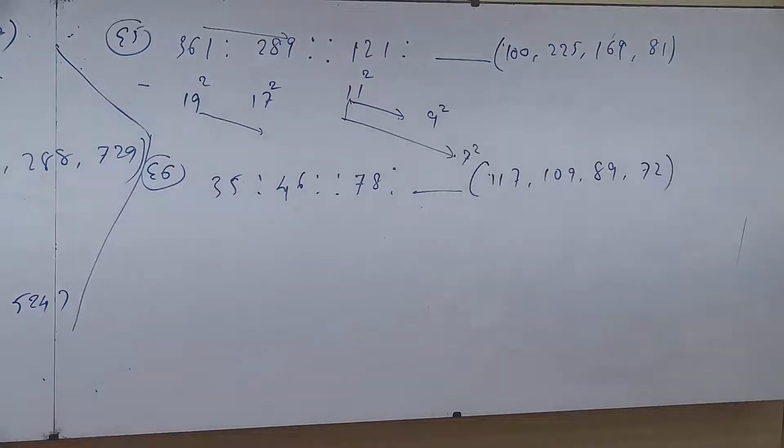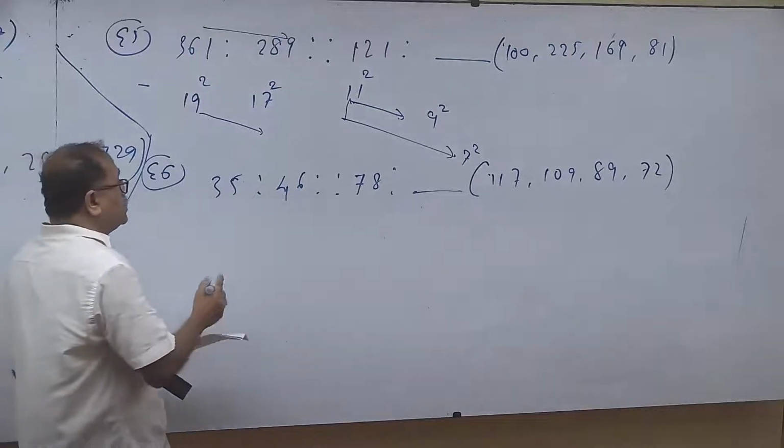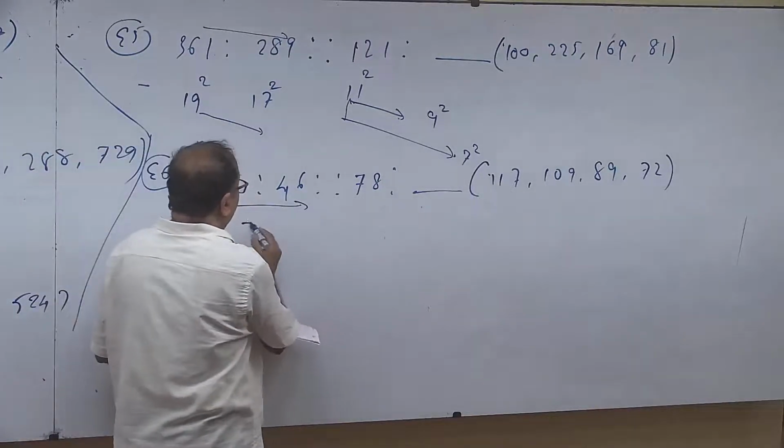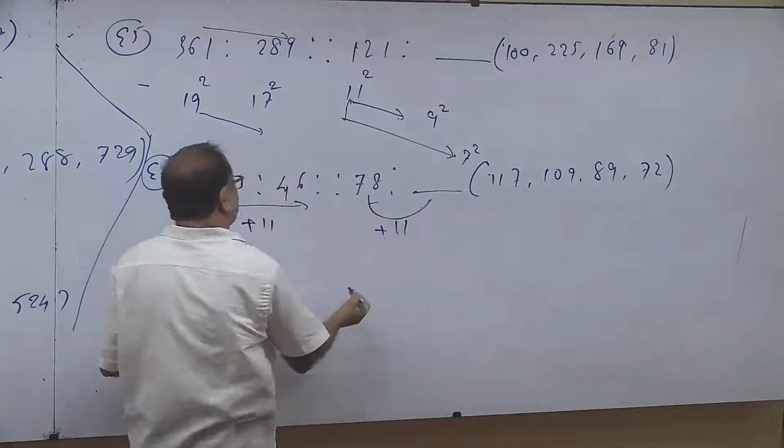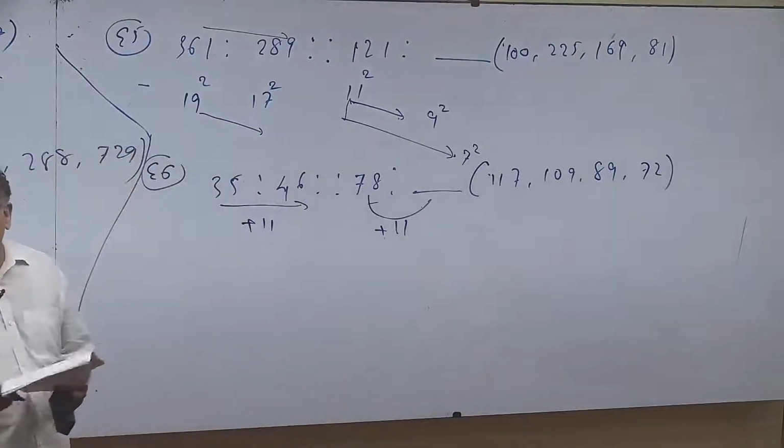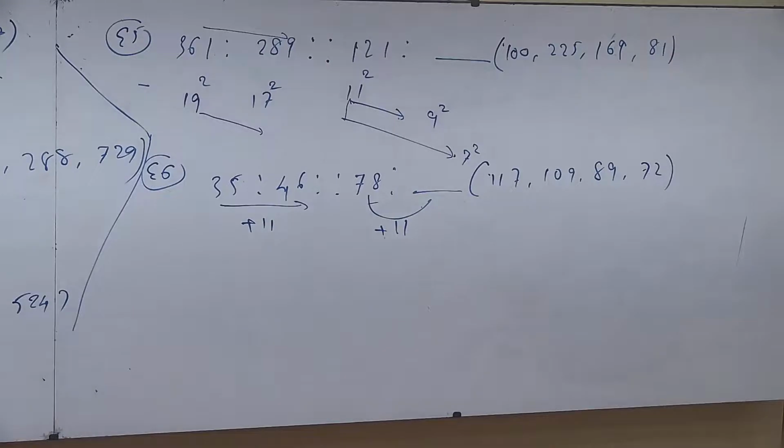How did you get 89? Plus 11. It is simply plus 11. From here to here it is plus 11, and the option is there. That's over. I don't need to go for any other logic, as long as with one logic I get one option.